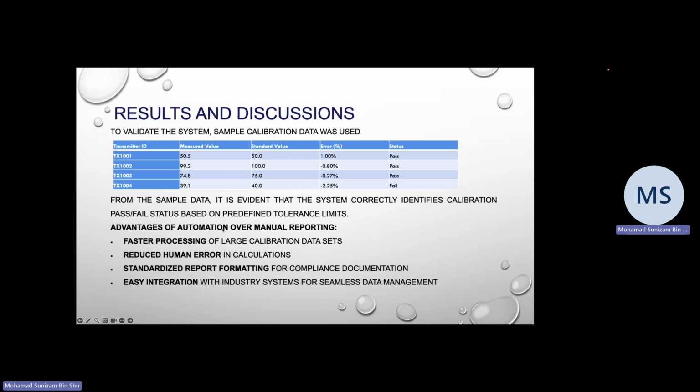The advantages of automation over manual reporting are faster processing of large calibration datasets, reduced human error in calculations, standardized report formatting for compliance documentation, and easy integration with industry systems for seamless data management.